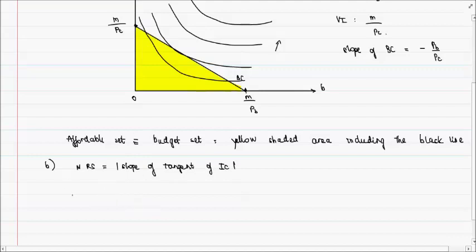I'll write out a definition over here just in case someone wonders.